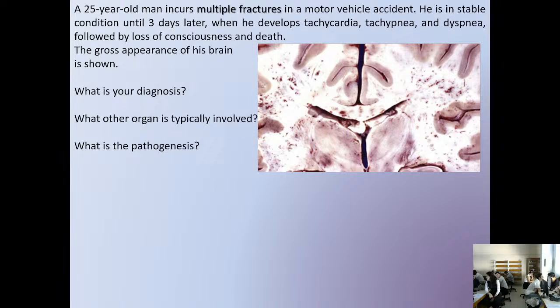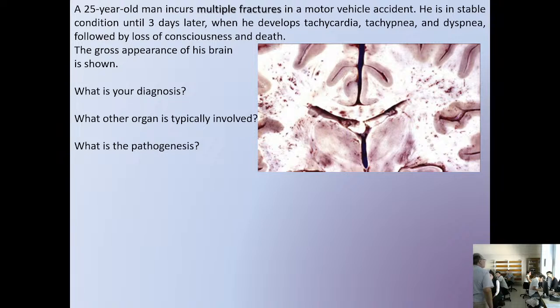So, what do you expect to be the nature of the emboli in this patient? What can go? If you break a long bone, what is there to come into the circulation and become an embolus in the brain blood supply?